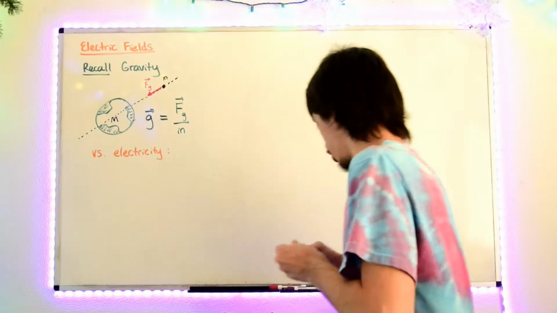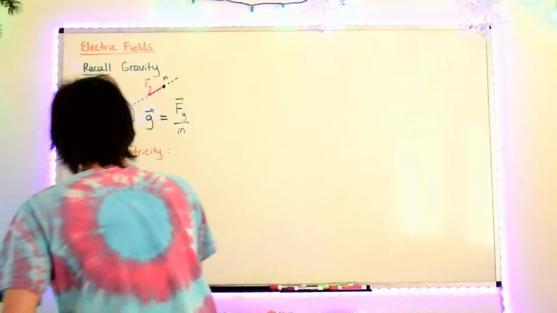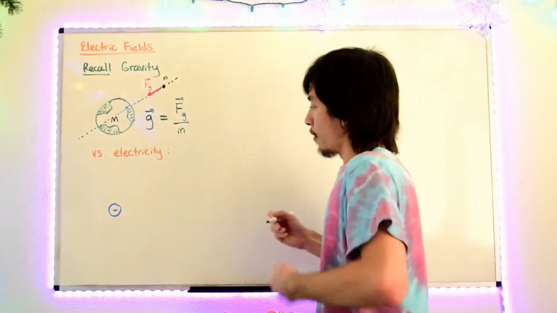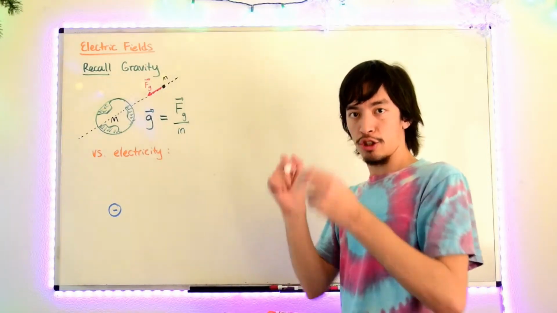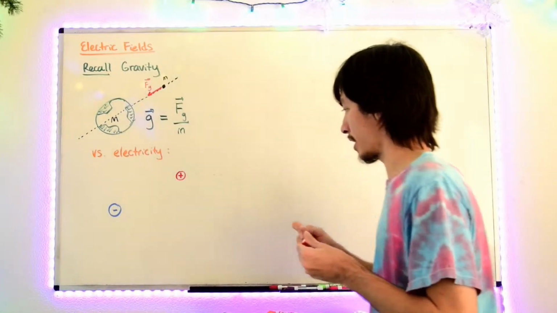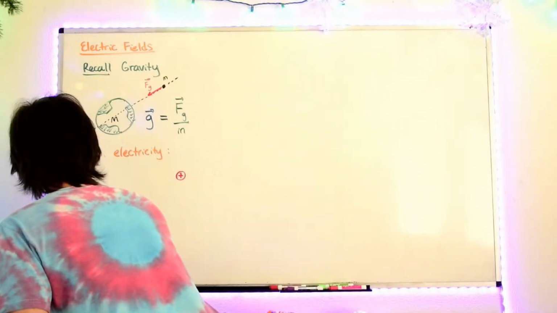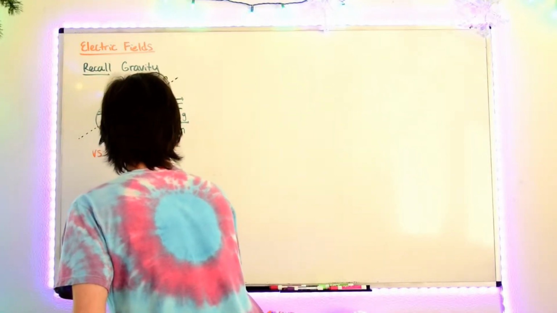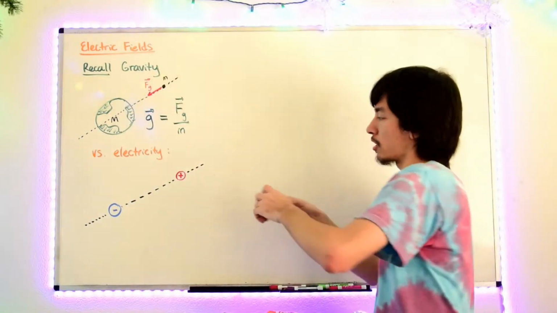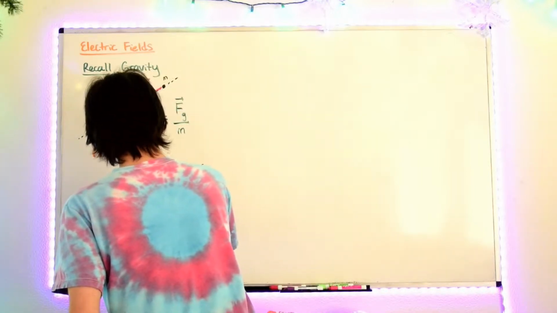For the sake of this analogy, I will use a negative charge, analogous to the Earth. So here's a negative charge of some sort, and I would put some sort of test charge in the presence of it. This positive charge, let's say. So we have a positive test charge. If we have this line that connects the two charges, then the force on this positive charge should point directly along this line towards that other charge.